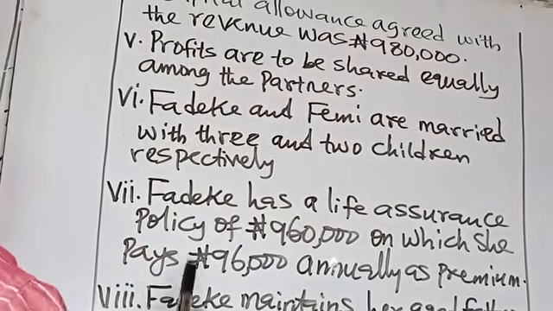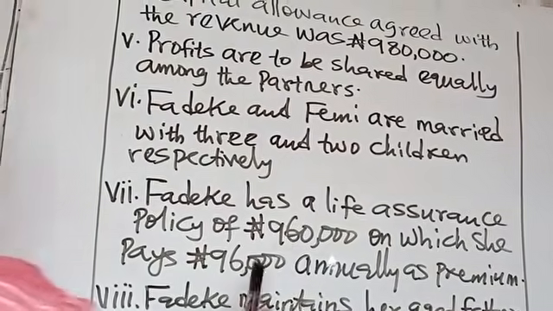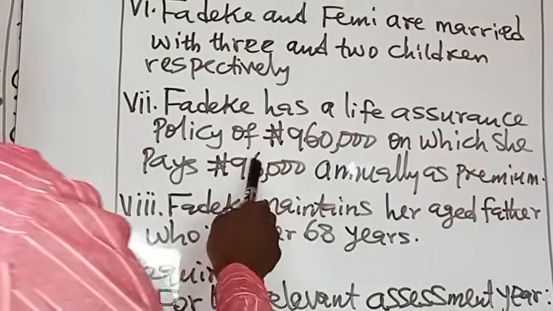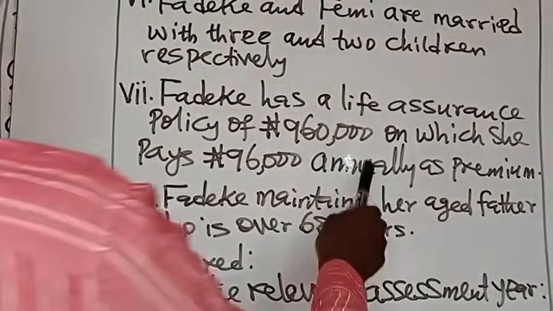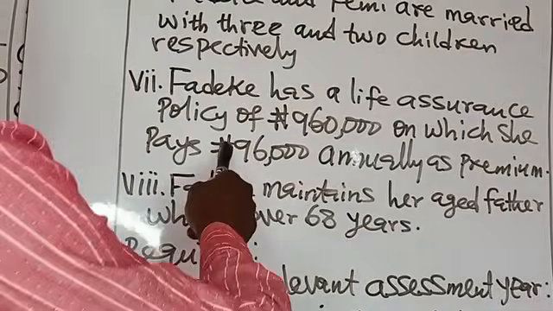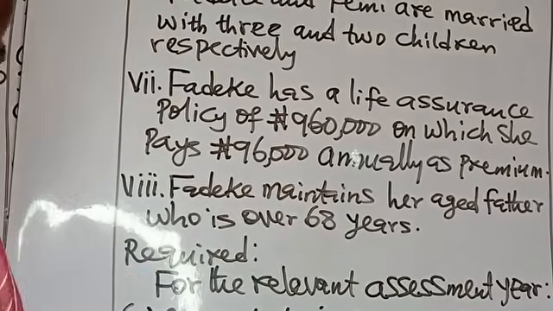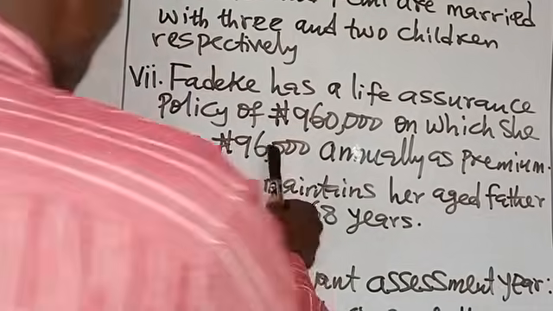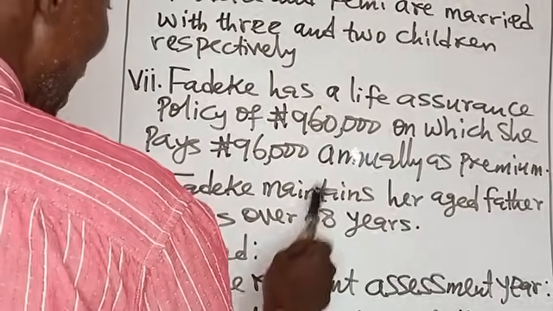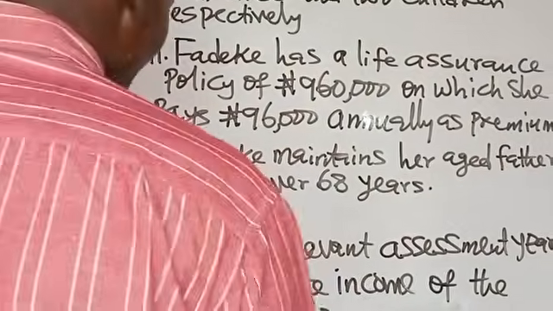7. Fadike has a life assurance policy of 960,000 naira, on which she pays 96,000 naira annually as premium. Tax exempt item. Annual premium paid is one of the items that will be exempted from tax. So that will be considered later. Note 8. Fadike maintains her aged father who is over 68 years.